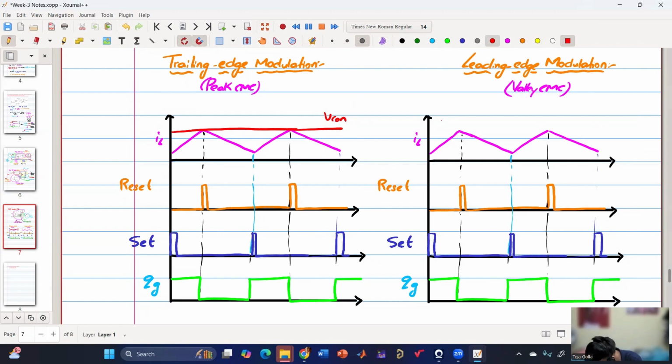So now Vcon is at the valley. Also in this case, whenever Vcon hits, then we'll have set, not reset. So basically what happens is set and reset will get interchanged.